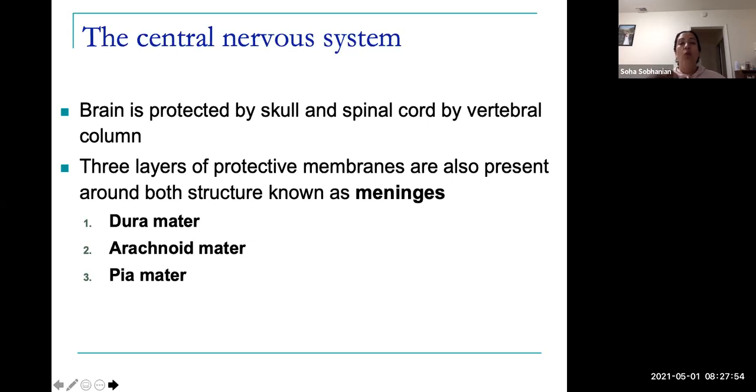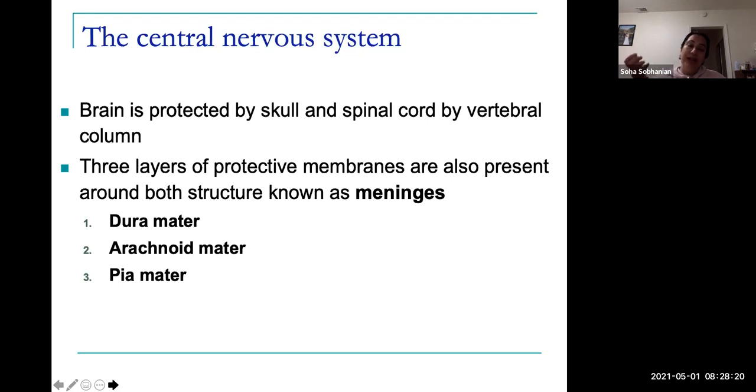So the question is, what do I do to make sure that my nervous system is protected? We already kind of know the idea. We have bony structures around both the brain and the spinal cord called the skull and the vertebral column. Those are the common structures that provide the most protection.